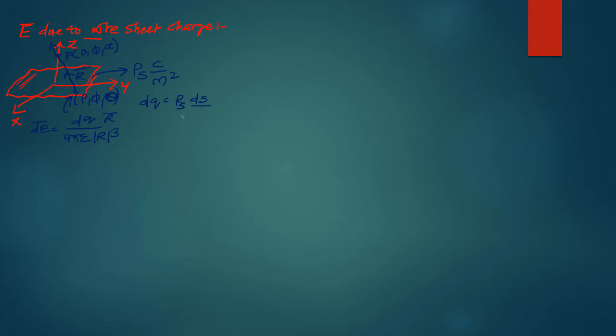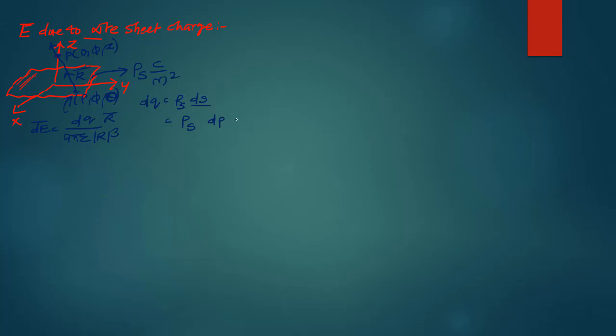Differential charge you are able to get. That is what we have to write. But here rho s is uniform, we will consider it like that. Next, ds. This infinite sheet is an area element. The area element ds in the cylindrical coordinate system involves changes in rho and changes in phi.